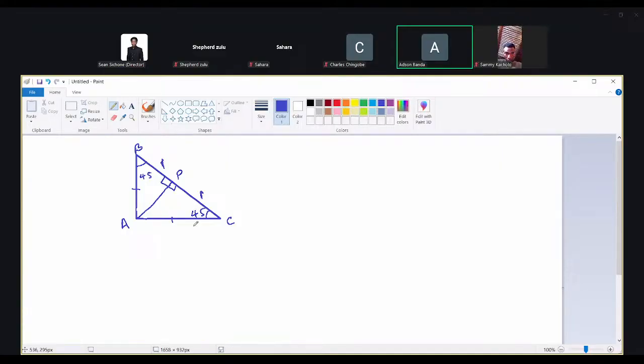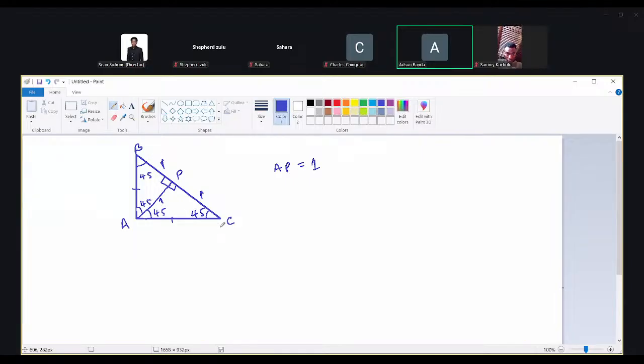If it has the length 2 units, then when we bisect this angle, that side also will have 1. So this side AP is equal to 1 also, and that's 45 degrees.